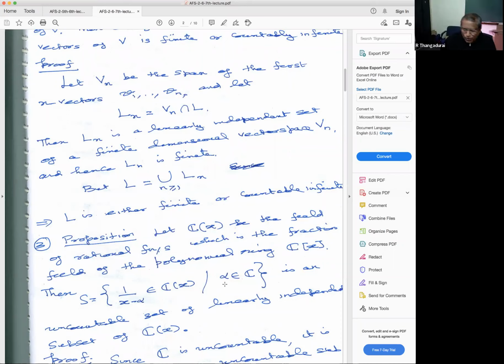You take any arbitrary finite subset of that. So we are going to take an arbitrary finite subset from this set S, and we say that it is going to be linearly independent.